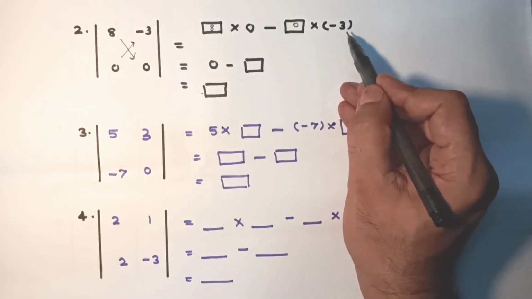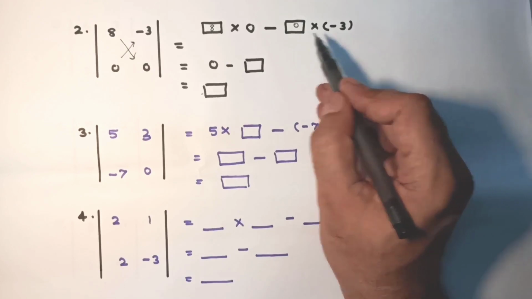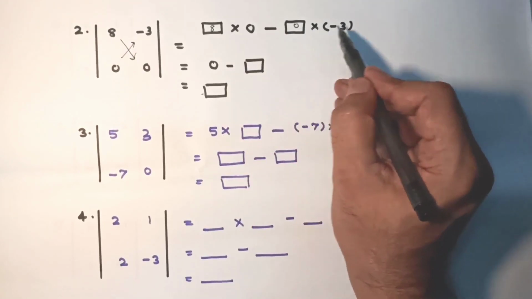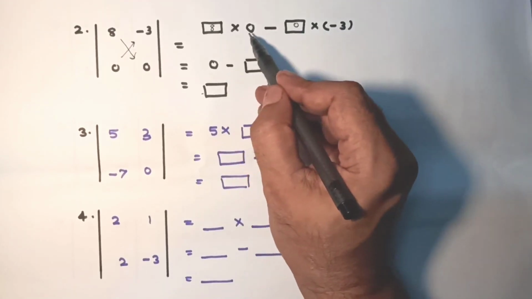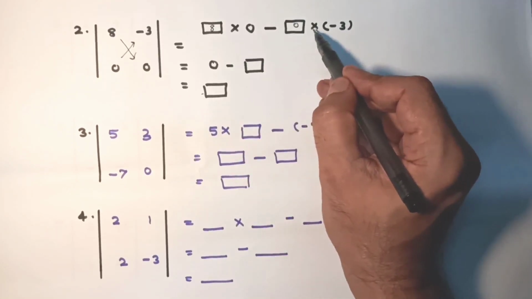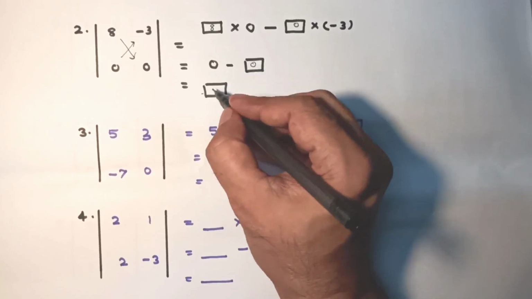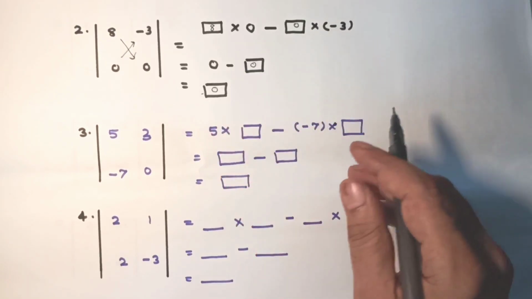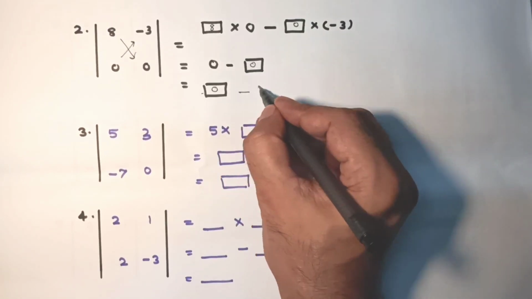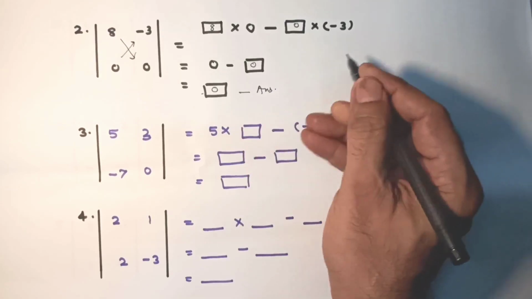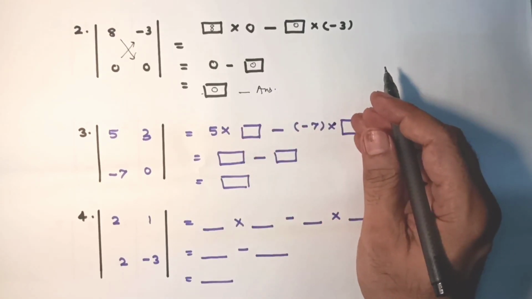Put minus 3 in bracket to avoid any confusion. So 8 into 0, 0 into minus 3. 8 into 0 is 0, and 0 into minus 3 will be again 0. So 0 minus 0, your answer is 0. The value of the given determinant is 0.